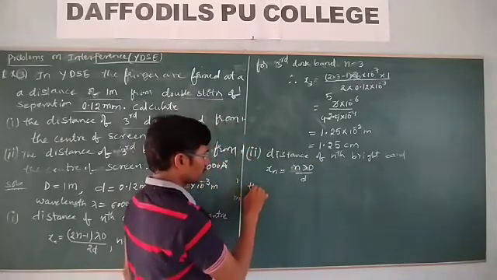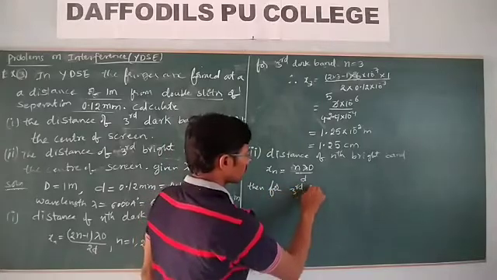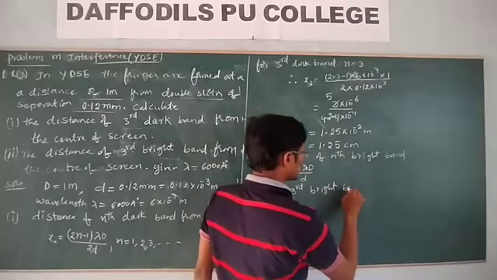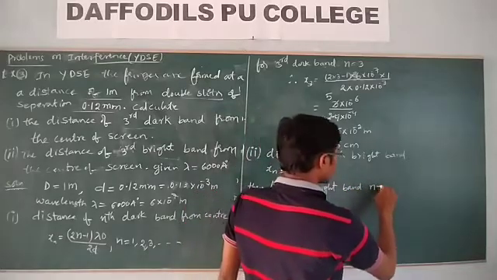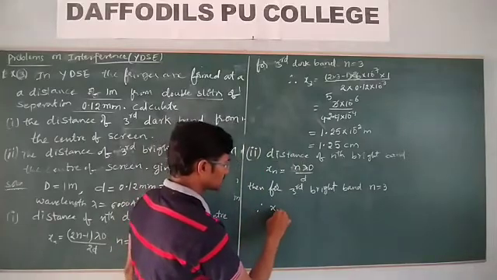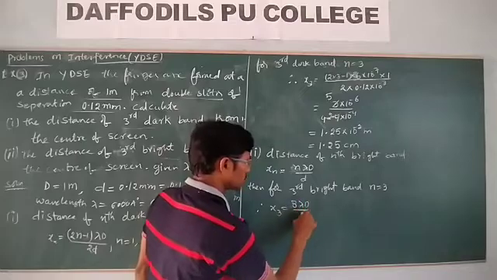Then for the third bright band, what can you take as the value of n? 3. Therefore x3 is equal to 3 lambda capital D by small d.